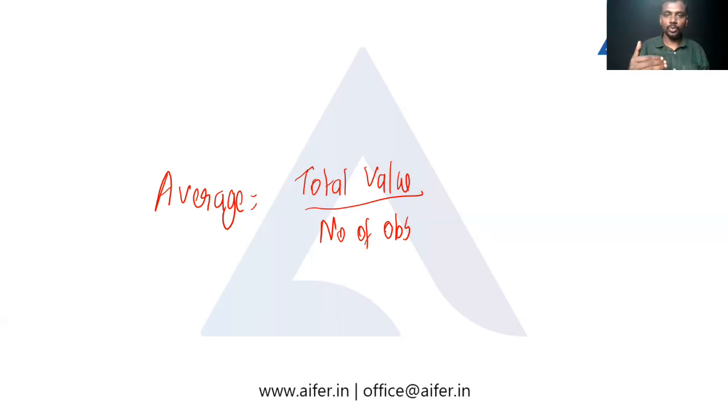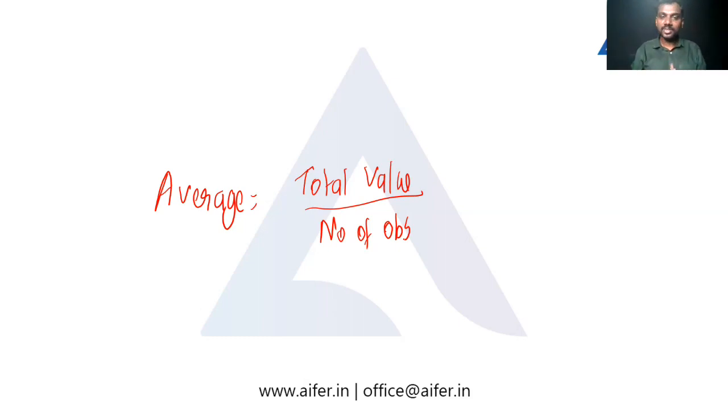So the total value means we'll be adding the individual money with each student, that's 100 plus 150 plus 200 plus 300 and so on. And the number of observation means number of students. Of course, if it's 10, then the total value by 10. So this is the basic aspect we'll be using for average.